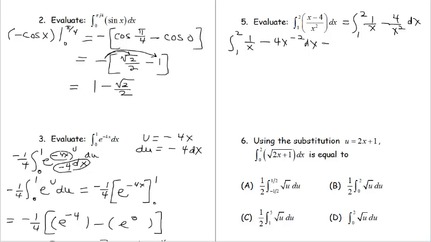All right, ready to go? 1 over x integrates back to natural log of x, the absolute value of x, that is. Okay, for this term, we're going to increase the exponent. So I'm going to write down minus 4x, increase to negative 1, and divide by negative 1. Which we'll simplify in just a second. All right, before I plug in the limits, let me go ahead and do that.